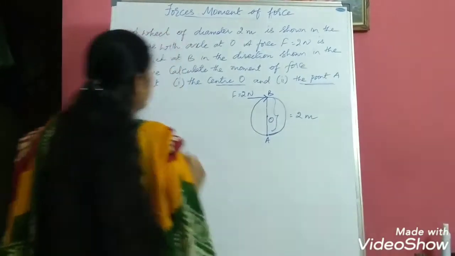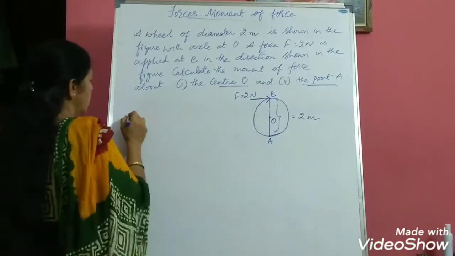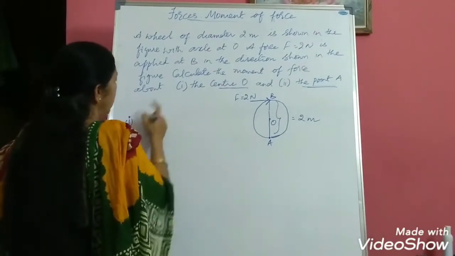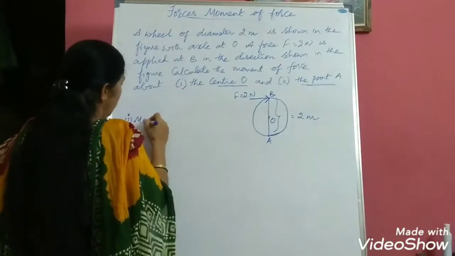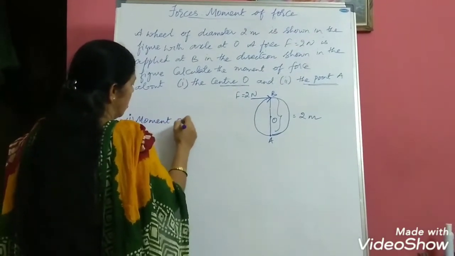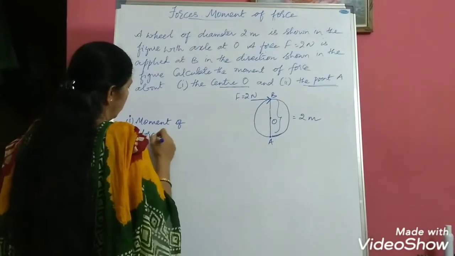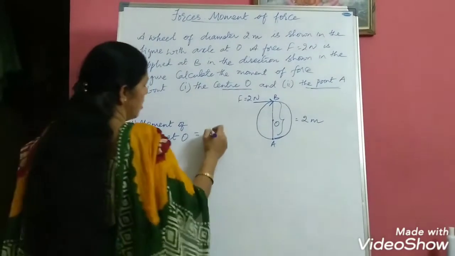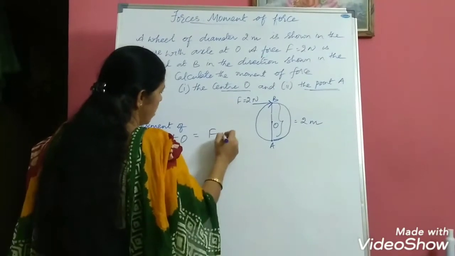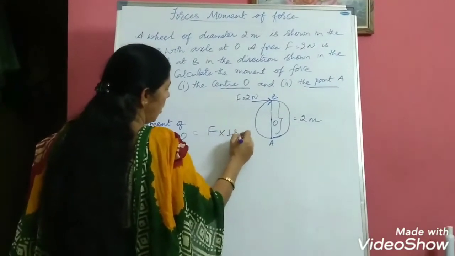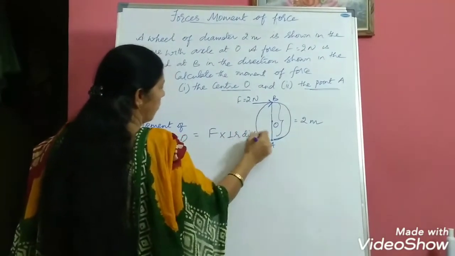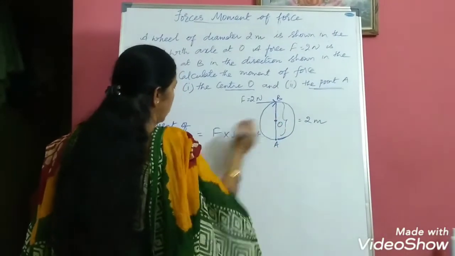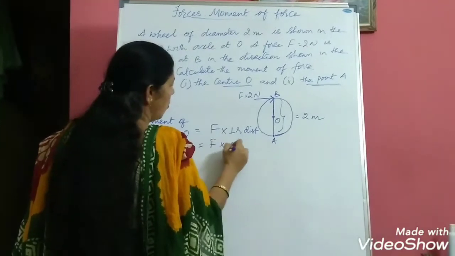First, we have to calculate the moment of force at O. The formula we know is force into perpendicular distance, so that is F into OB.